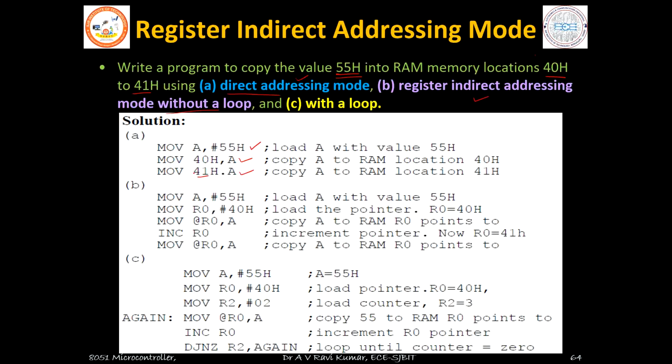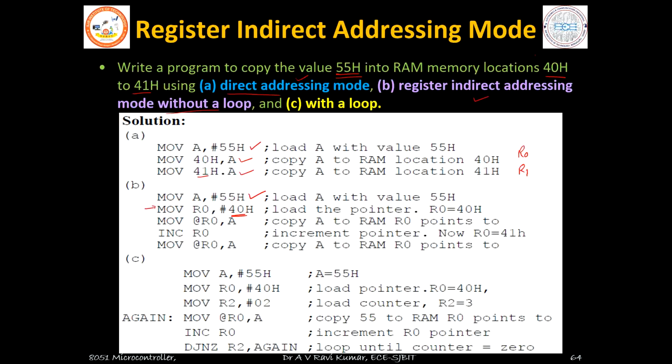Next, the same thing I want to do in indirect addressing mode, so that this 40 is pointed to by one of the registers, R0 or R1, any one of the registers can point to it. I take the value into the accumulator, and load R0 with 40H.